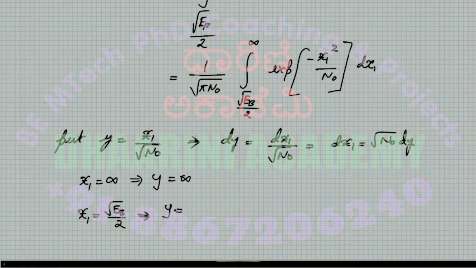That means y is equal to x1 by root n naught, so that is root Eb by 2 whole divided by root n naught. Correct? So the root n naught and root Eb can be clubbed together as this: half root of Eb by n naught.